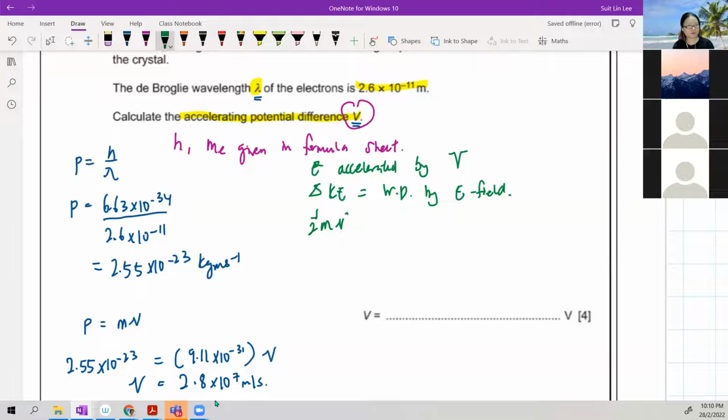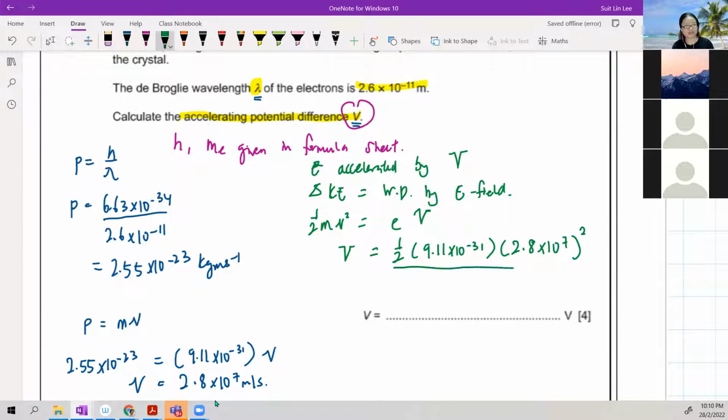Half mv squared is equal to eV. So you can find V. V would be half mass of the electron multiply again. The reason why we cannot keep mv as momentum is because of the v squared. So no matter how, also you need to find v. 2.8 times 10 to the power 7 squared divided by e, 1.6 times 10 to the power negative 16.